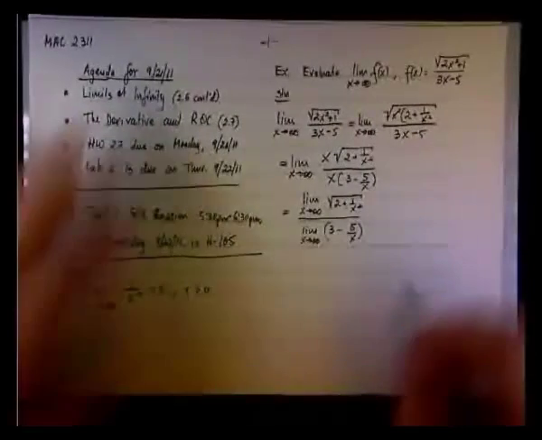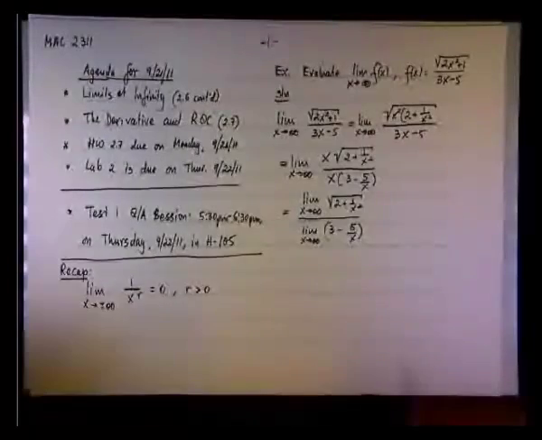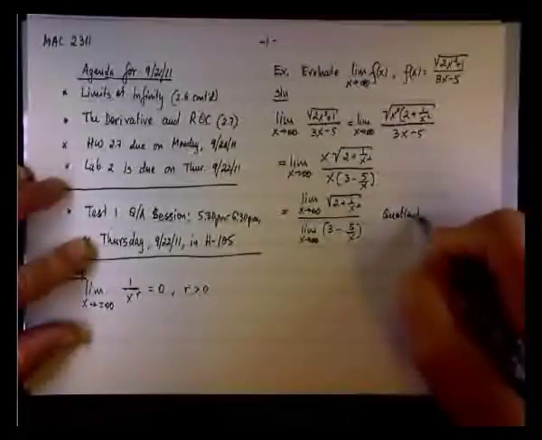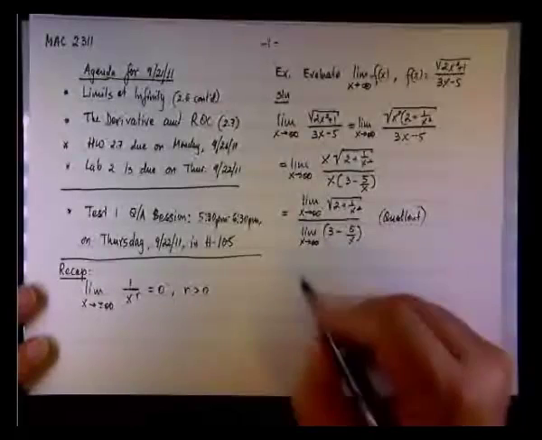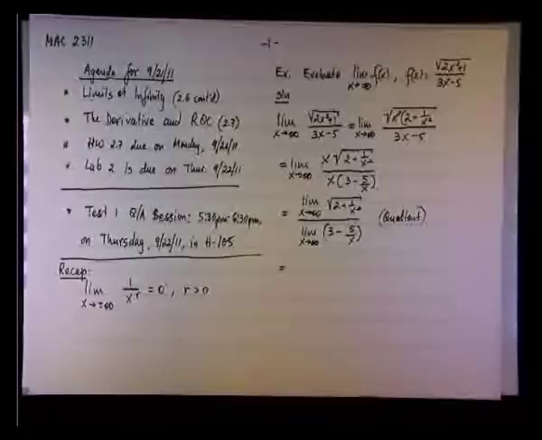Okay, so this is the quotient law. I'm kind of debating whether to write the law. Yeah, why not? Let's write the quotient. The next thing I'll do is apply the root law. Remember, the limit of a root of a function is the root of the limit of the function.